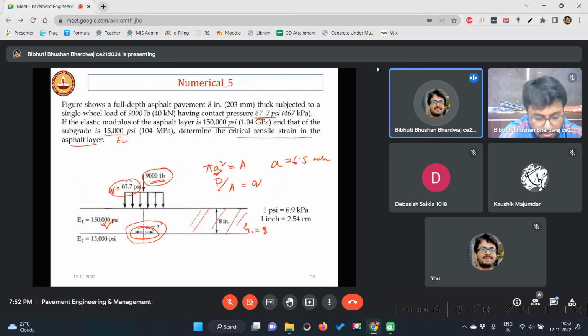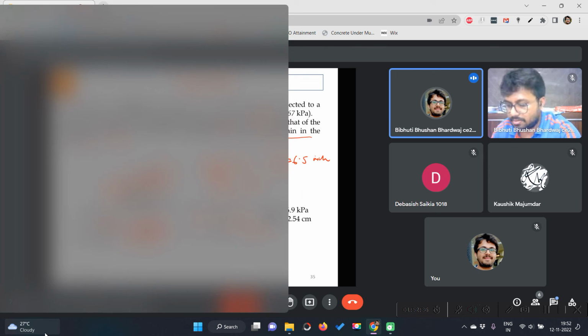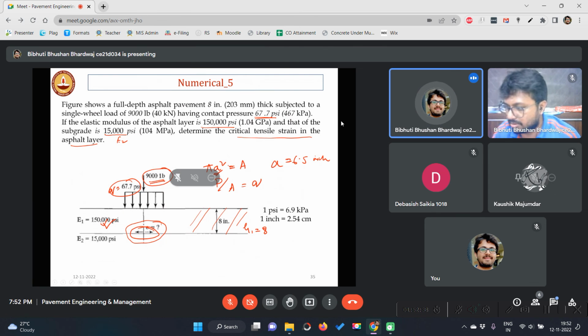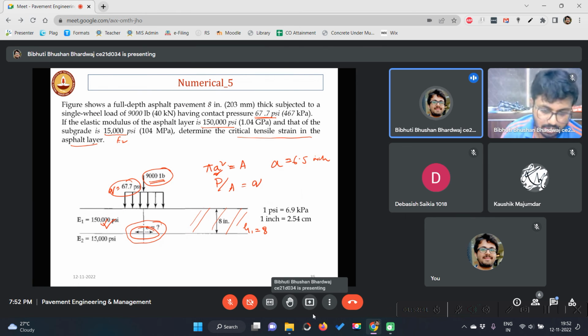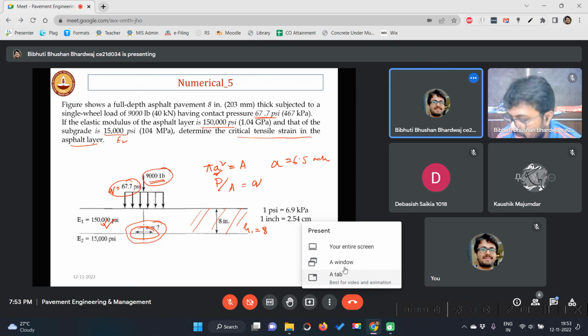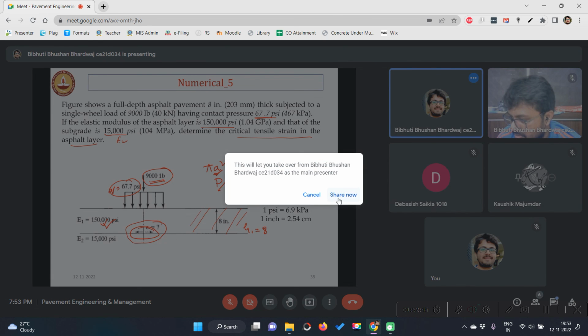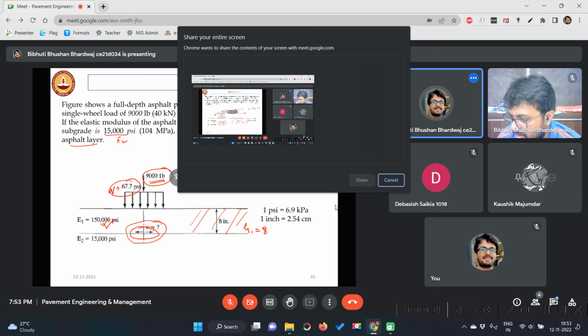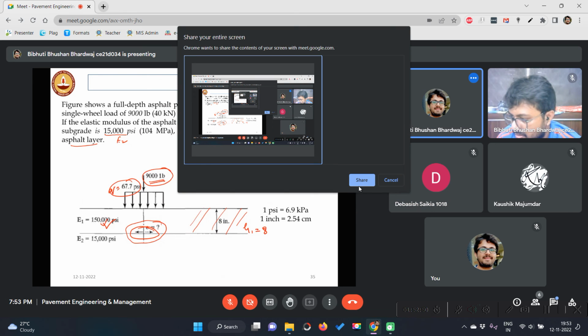Can we confirm this with CanPEF? Shall I try with CanPEF, whether the manual method is right? Yes, sir. So I am presenting another screen now. Please switch your screen.